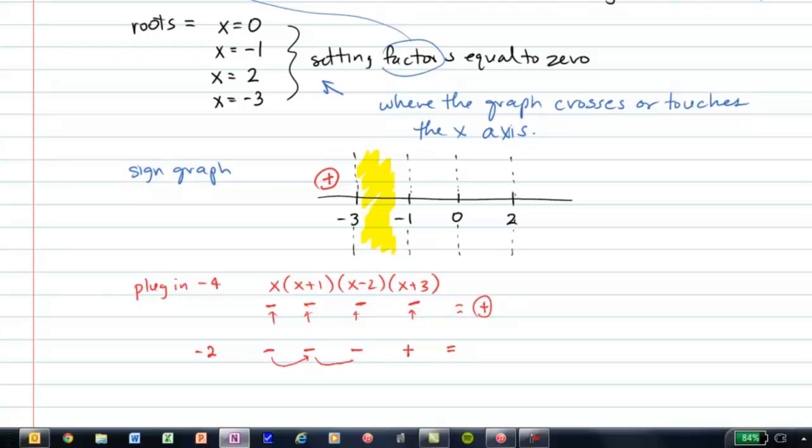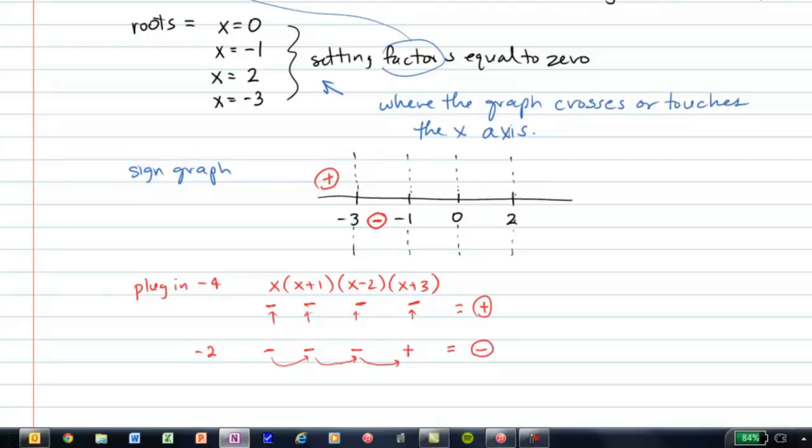Plug in -2 for x plus 3, I get positive. So if I multiply negative times negative, that gives me positive, and then that positive times negative would be negative, and negative times positive equals negative. Okay? So in this area, we're going to have our graph be below the x-axis in negative territory.